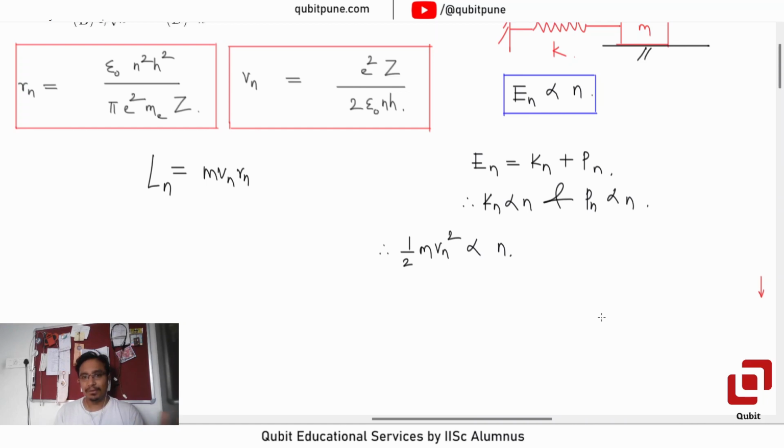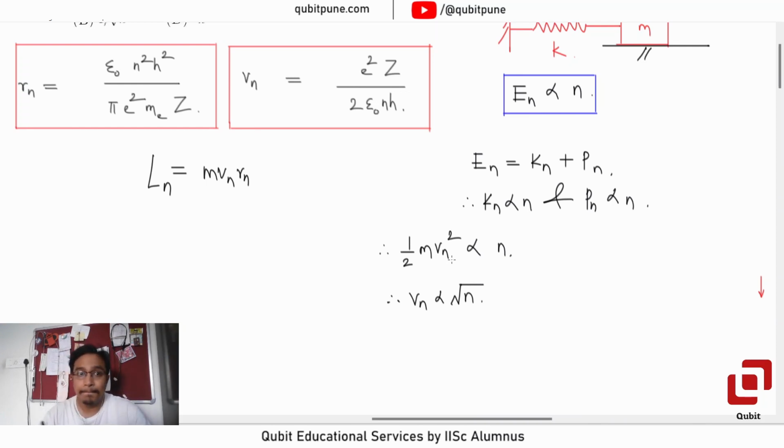Do you understand this? Yes? Okay. So can I say that Vn is directly proportional to root n? Because the mass of the electron is not going to change, and half is a constant. So is Vn directly proportional to root n a valid statement to make? Yes. So is that part clear?